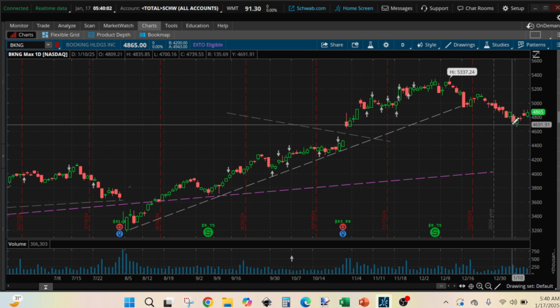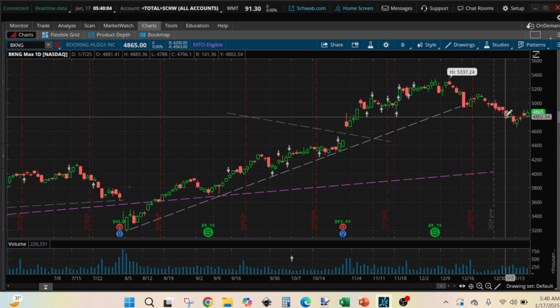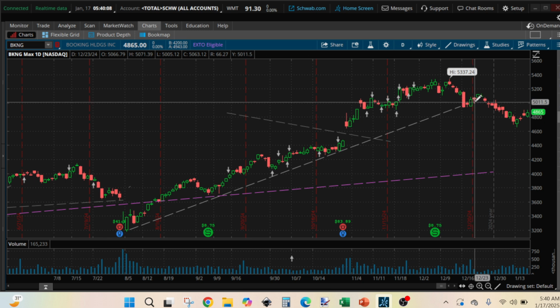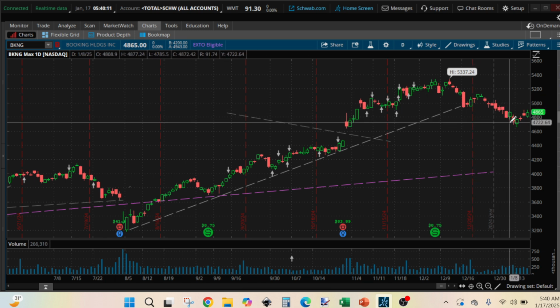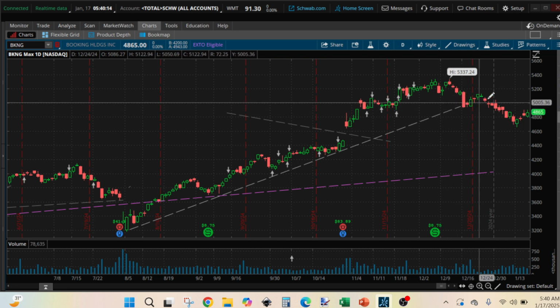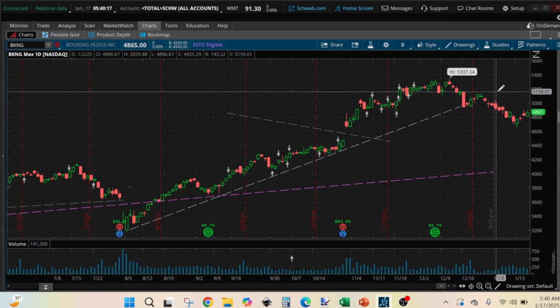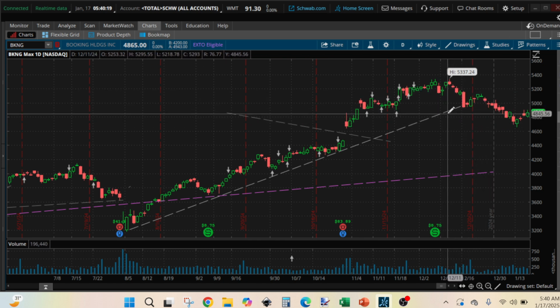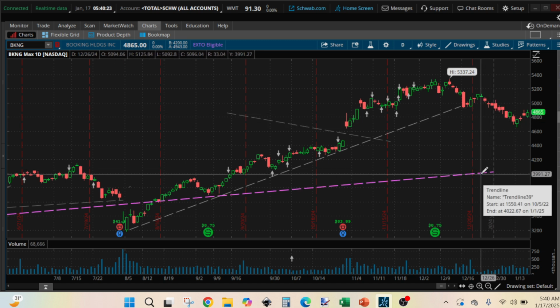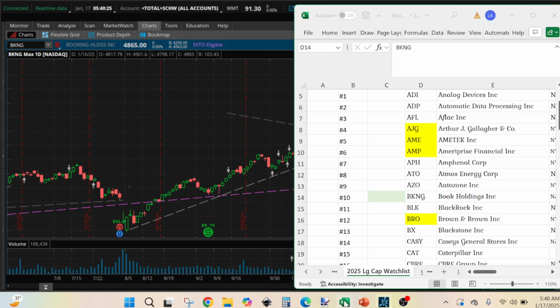You see this low is lower than this one, and this one is lower than this one. When you are having lows below the trend line you traced, that trend line ended. So this trend line ended and the stock is going down, but still far from where we like to buy.